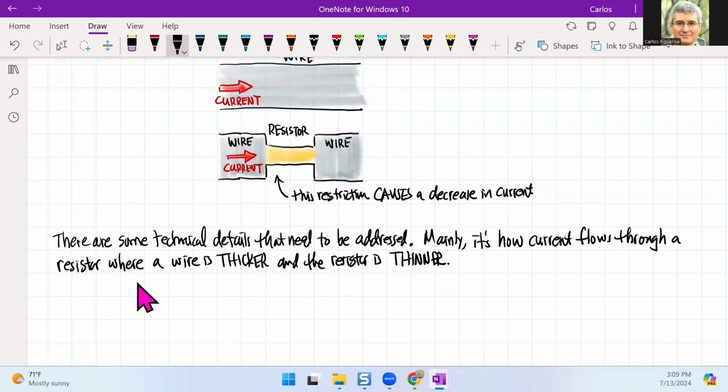How does it do that? How can it do this? And once again, it's all about setting up a potential difference.